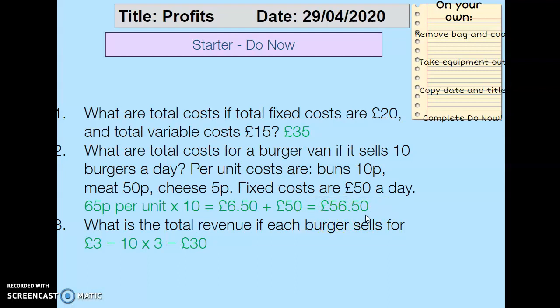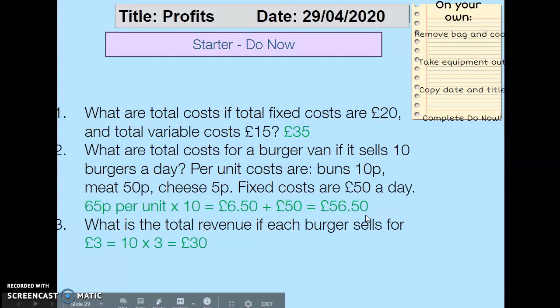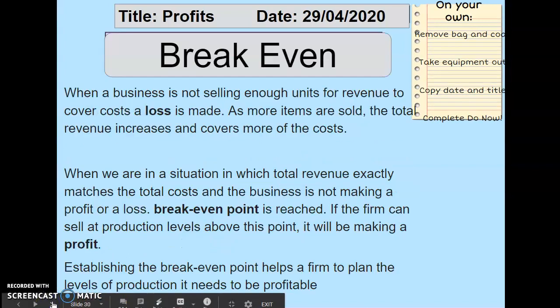This is really important, because it's something that we're going to be thinking about in the future as well. It's a very important business concept that we're going to have to consider. In order to make this a bit clearer, I've given you a very initial explanation of what the term break-even means.